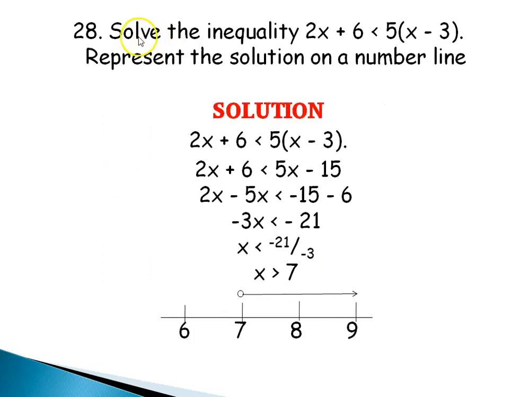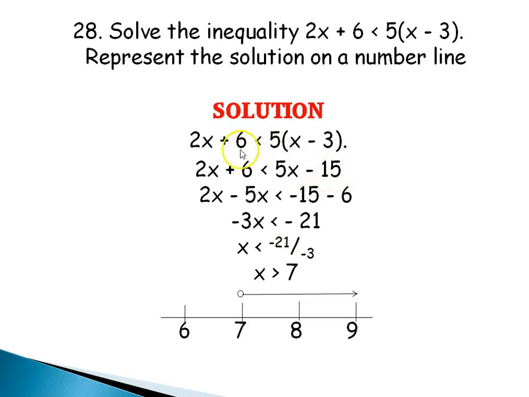Question 28. Solve the inequality 2x plus 6 less than 5 bracket x minus 3. Represent the solution on the number line. The first thing we're going to do is to open this bracket. 2x plus 6 less than 5 times x, 5x, 5 times minus 3, minus 15.